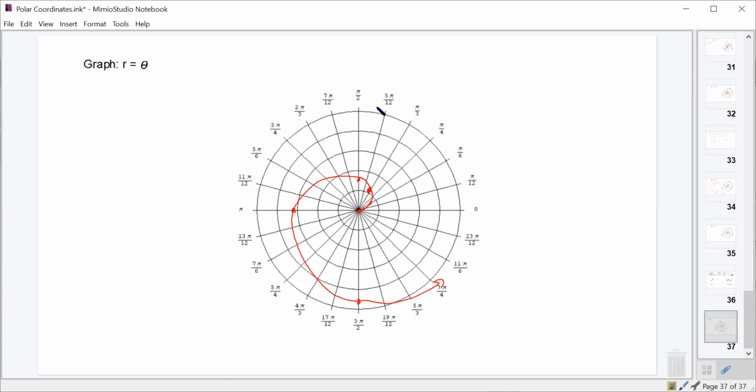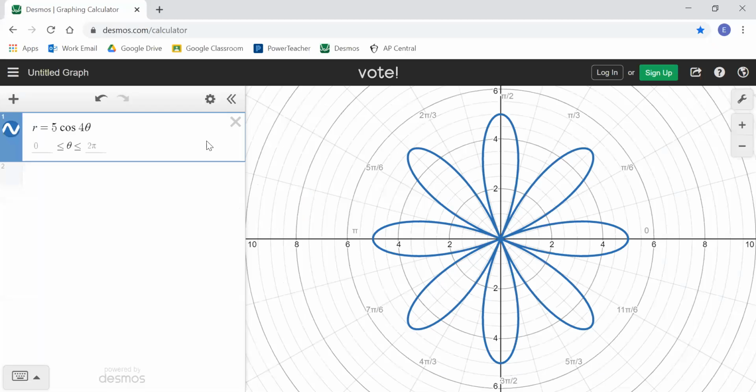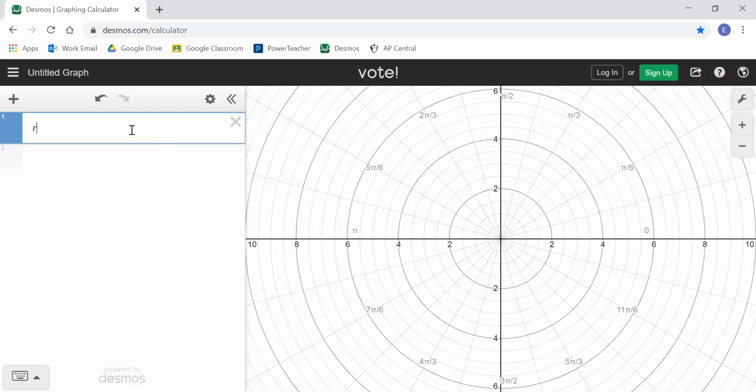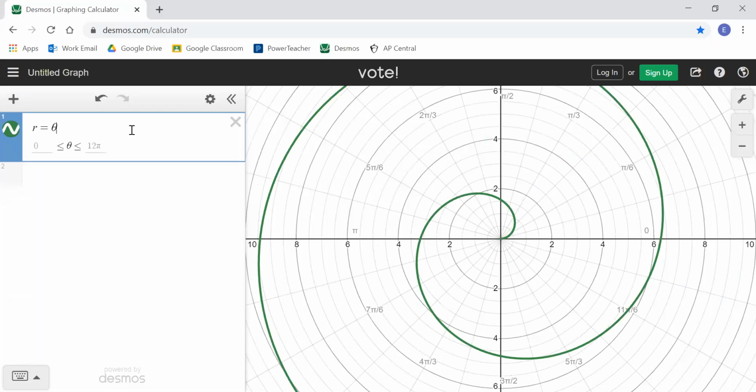Pretty cool, huh? We get a nice little spiral. And just for fun, let's throw this up here on Desmos also. There's r equals theta. What do you think would happen if I made that 2 theta or 3 theta? Is it going to loosen up the spiral or tighten up the spiral? Loosen up.